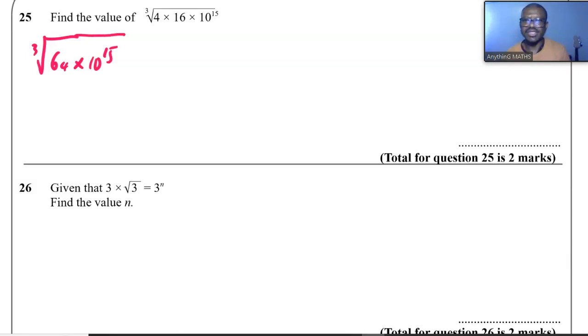We can also separate this, so it's going to be the cubic root of 64 times the cubic root of 10 raised to the power 15.